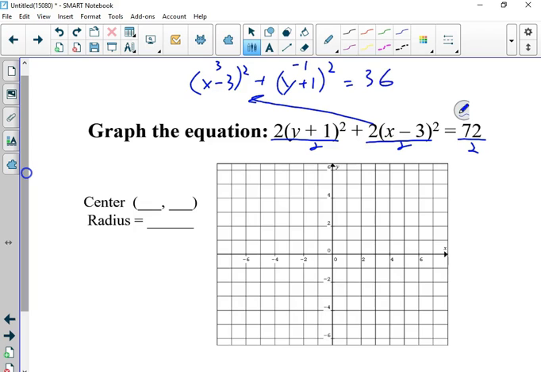So you got to pay attention to a few things. One, we got to get rid of the 2's, and also the fact that these 2 need to switch places. X always goes first. So our center is at 3, negative 1, and our square root of 36 is 6. So this is going to be off 1 here.